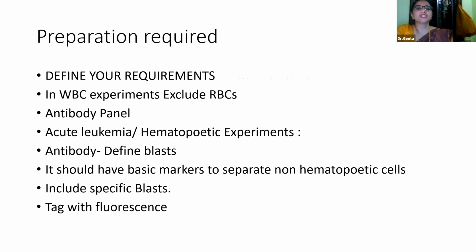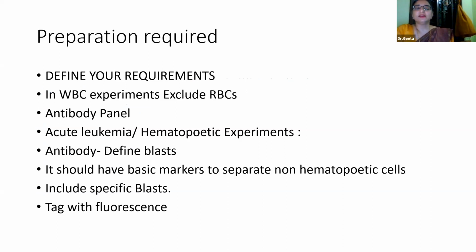So now, preparation which is required in a WBC experiment, as I said, is to exclude the RBCs and decide the antibody panel. Now if you want to do an acute leukemia experiment to find out whether there are blasts in the sample, then the antibodies we choose should first define the blast.